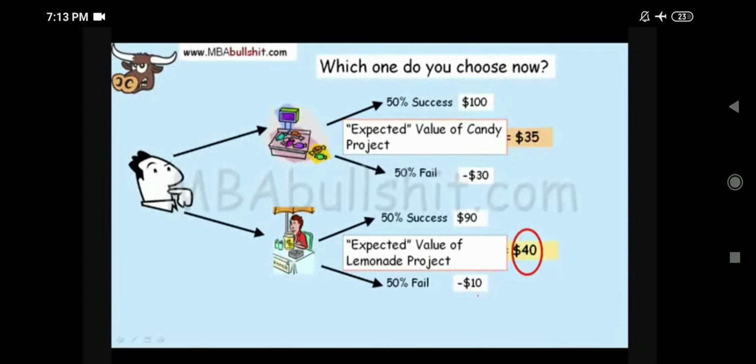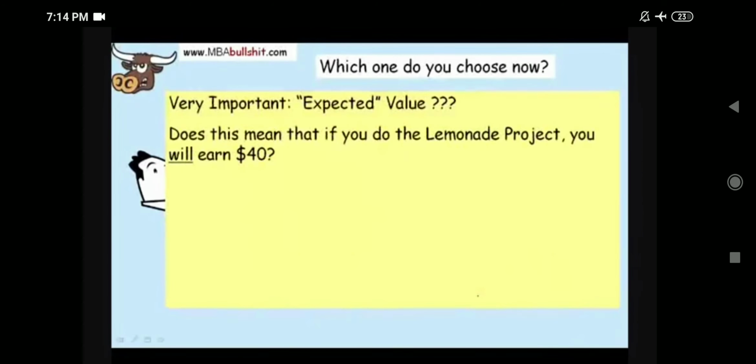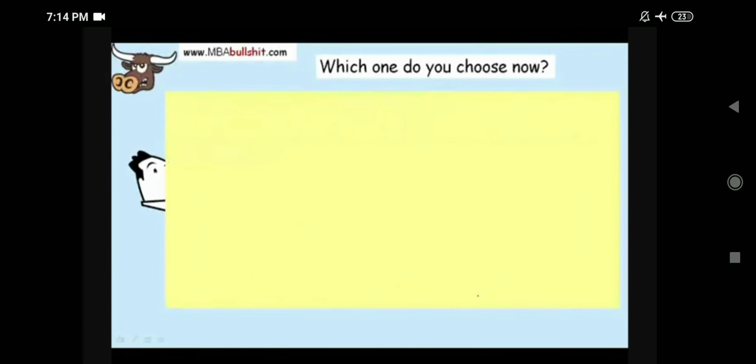Now, I promised you I'd speak more on expected value. What do we mean by this? Does this mean that if you do the lemonade project, you will earn $40?